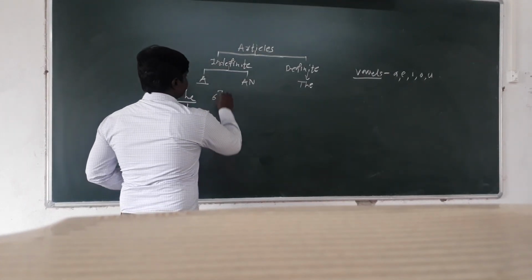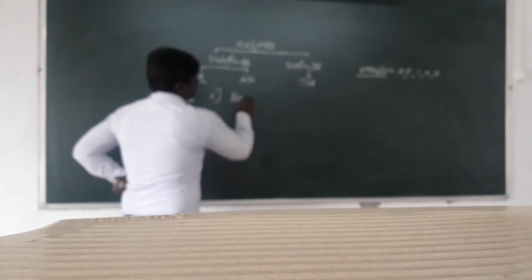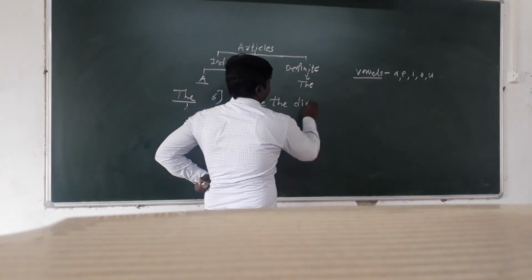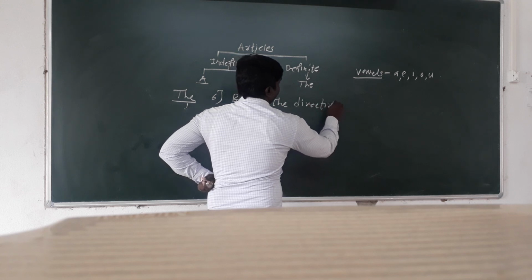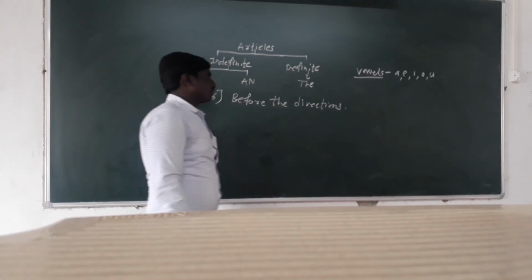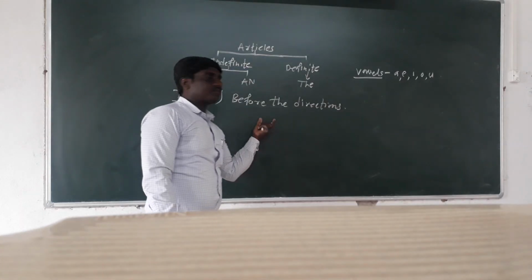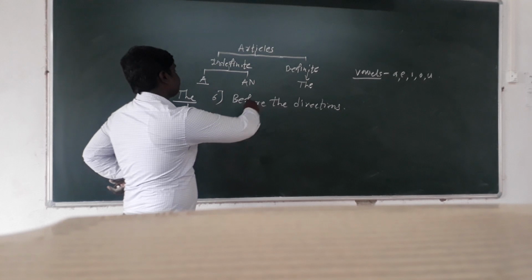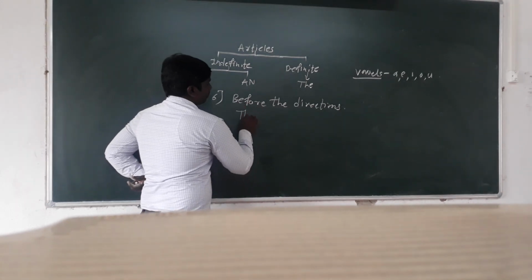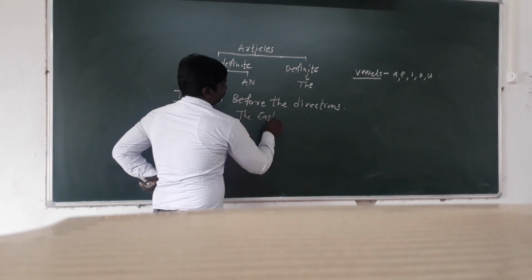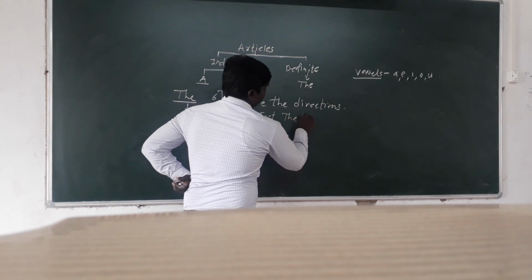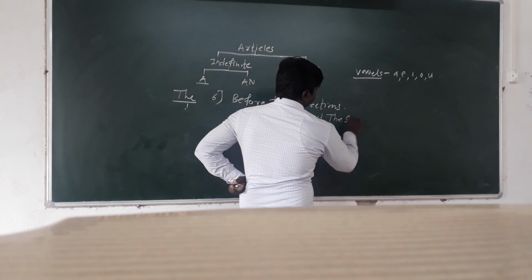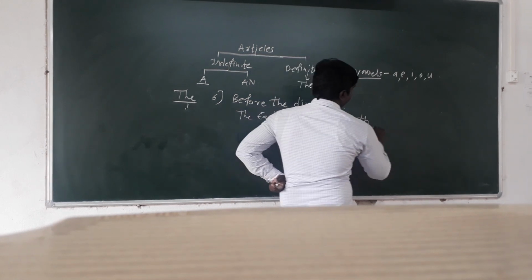Rule number 6. Before the directions. So before the directions, we use the article. For example, the east, the west, the south, and the north.